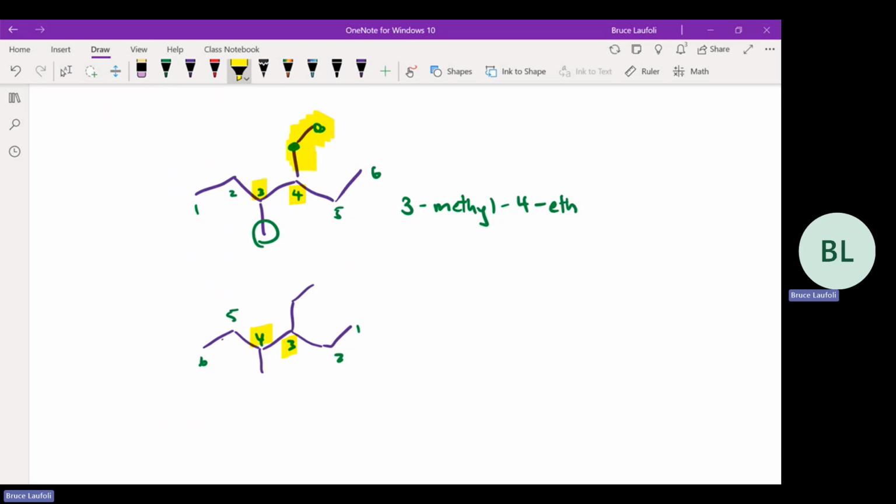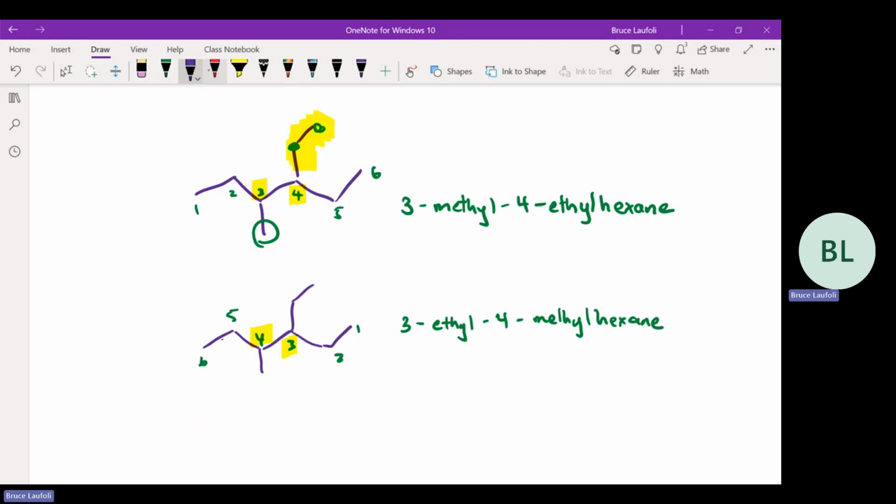And since it's a branching chain, we have to add yl. And then we say hexane, because the longest chain is hexane, which is 6 carbons. In the second scenario, we have 3 ethyl, 4 methyl hexane. So which one do you think is correct?